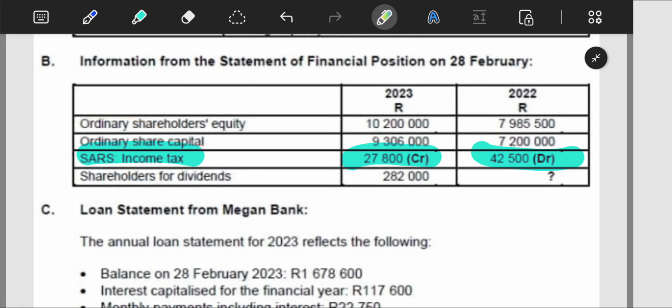It's under current liabilities if it is credit. If it is debit, it is under current assets. Debit means that it is an asset. Credit means that it's a liability.